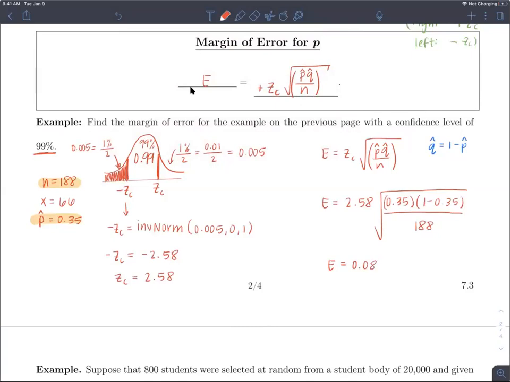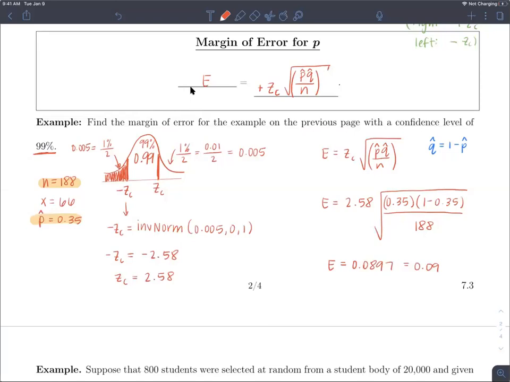Because if you keep rounding, 0.0897, and if you round that to 2 decimal places, that would be 0.09. So that's the margin of error. That's the number that you're going to take and add or subtract to your point estimate.